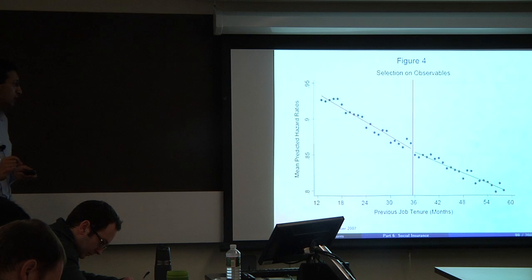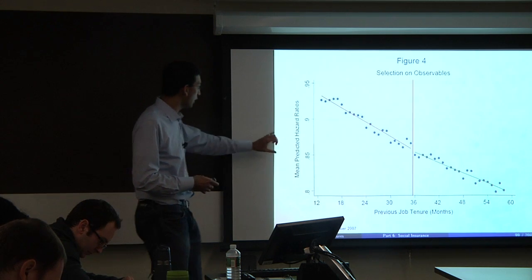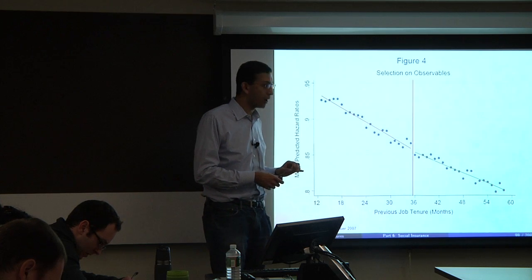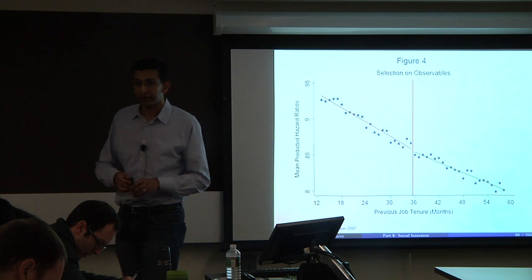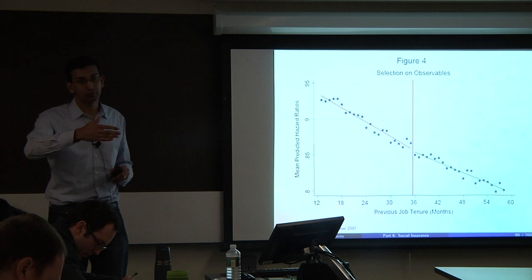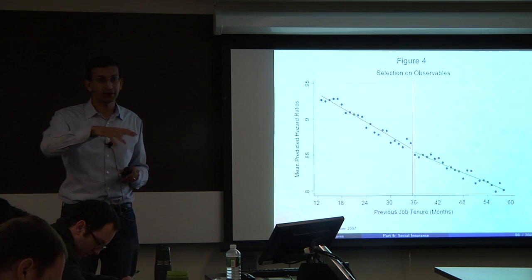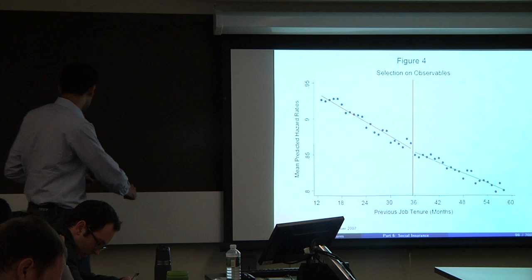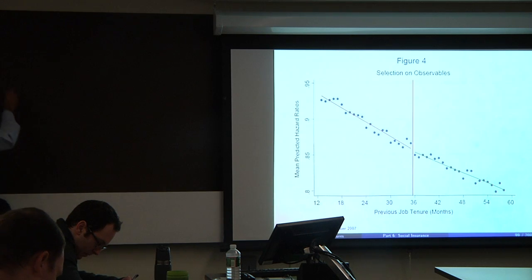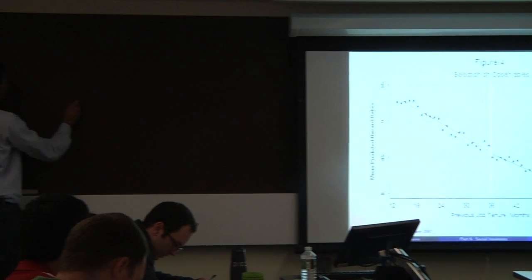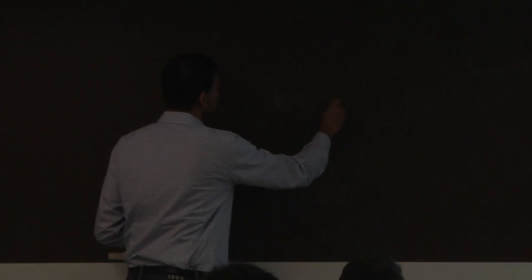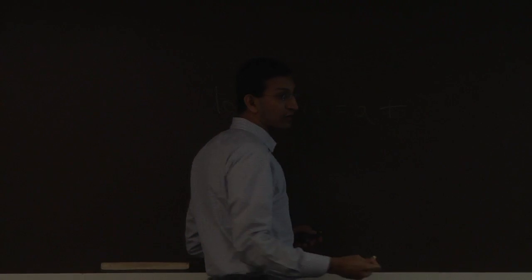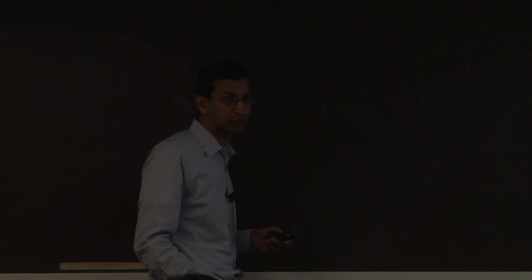So what we do here is run a hazard model where we're looking at the probability of finding a job, okay? And regress that, or the more general version of this is regress the outcome you're interested in at the end of the day. So let's say log unemployment duration on all the observable covariates you have, right?